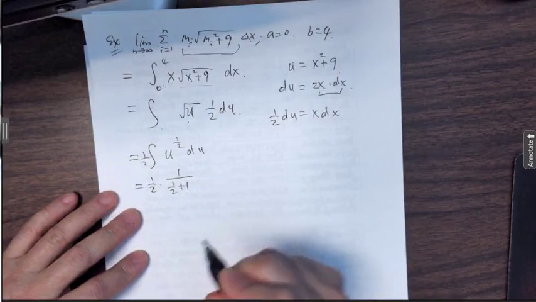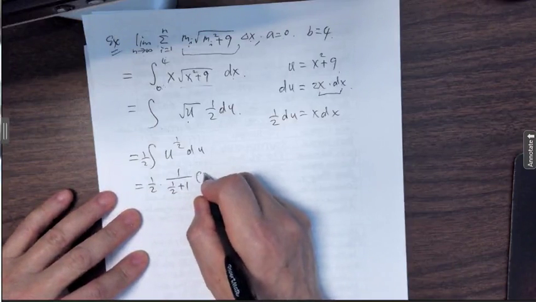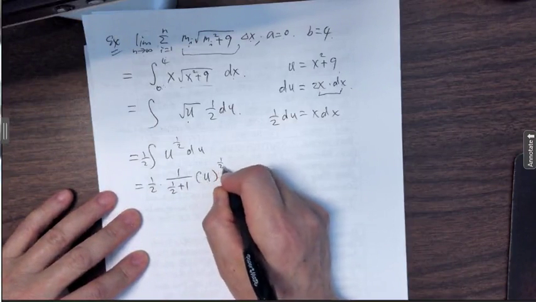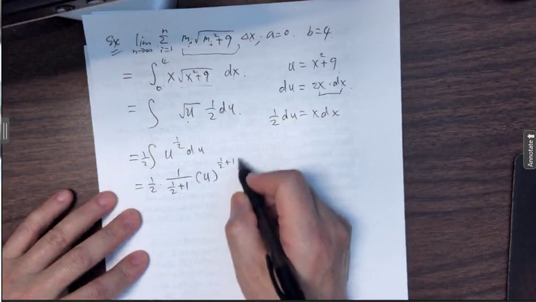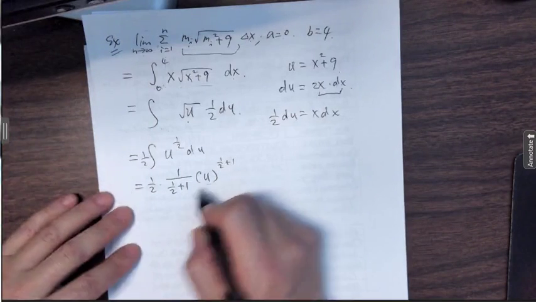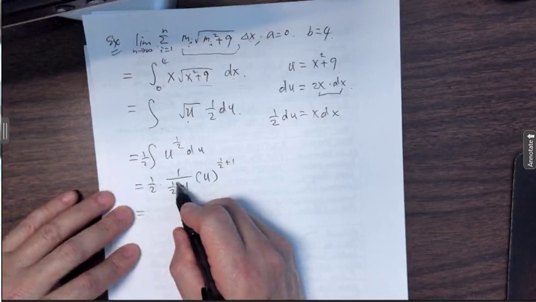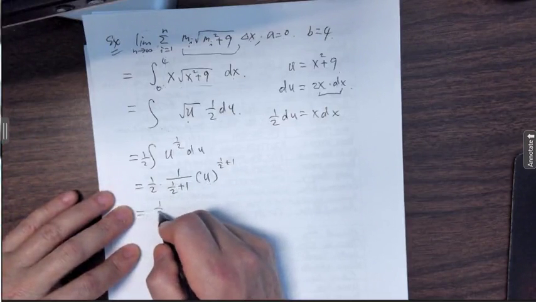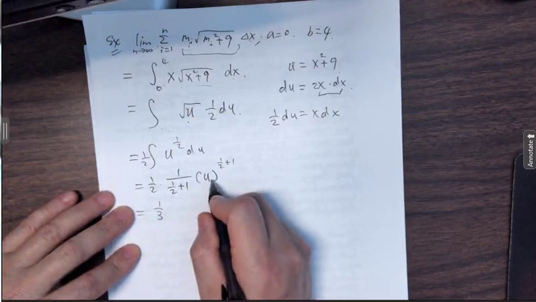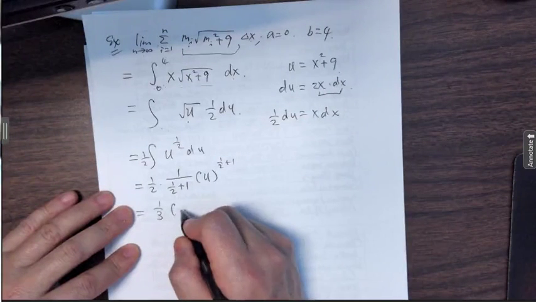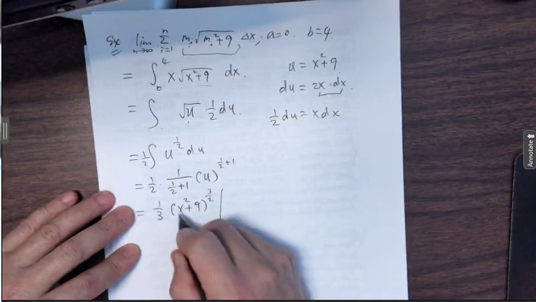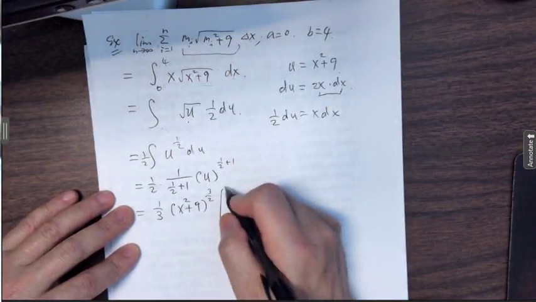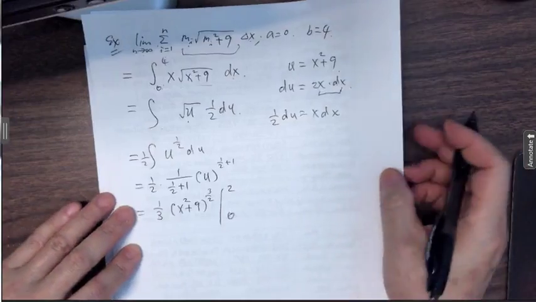1 over 1/2 plus 1, u raised to 1/2 plus 1. Now I'm not going to put the limits here because it's still u. So this is 3/2, so it's 1/3, and the u is now replaced by x squared plus 9, to the 3/2. Since x is back, now I can get my original limits back.